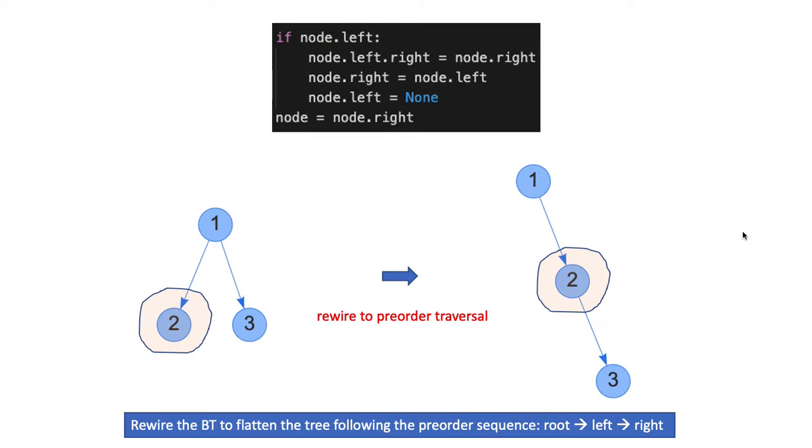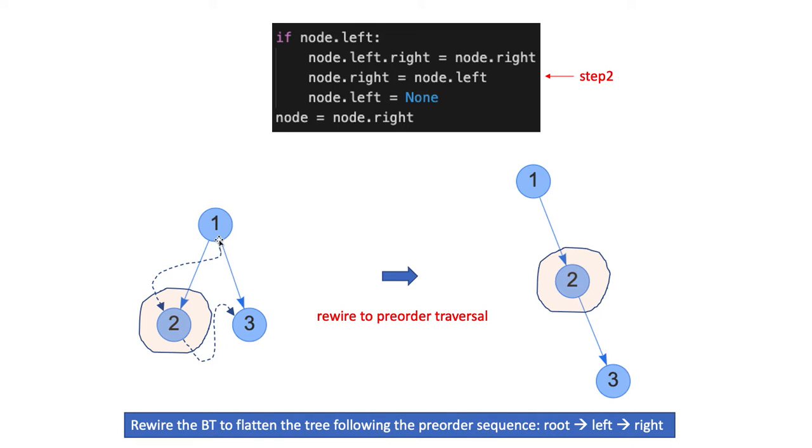Now, let's look at how we can rewire the binary tree to a tree with preorder traversal. We'll be looking at these three steps closely. To have an order like this, 1, 2, 3, first we want to know if the left node exists or not. Because if it doesn't, then we move on. If it exists, first we want to point the right child of the left node to the right node, as in here.